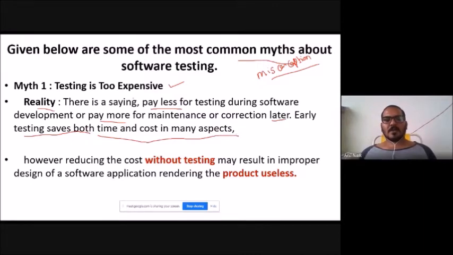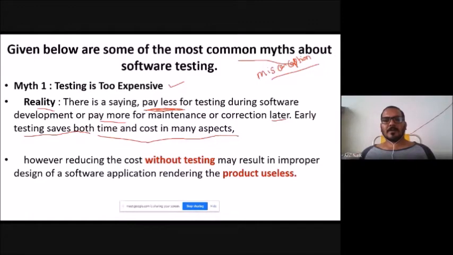So actually, what people do is they pay very little, putting less effort into testing during software development. They won't go for testing all the modules.